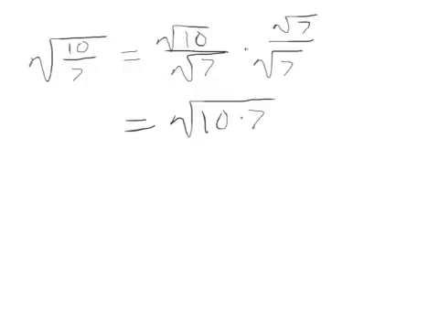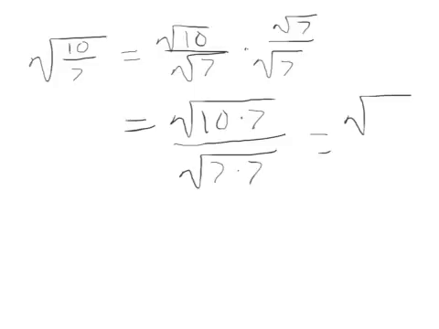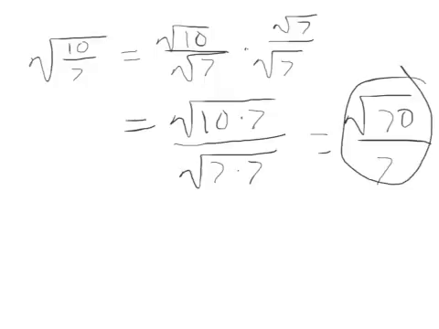And in the denominator, I'm going to get square root of 7 times square root of 7, which if I combine that into one radical, I'm going to get this. So my final answer would be square root of 70 over, and the denominator will simplify to a 7. So your final rationalized, simplified answer is going to be square root of 70 over 7.